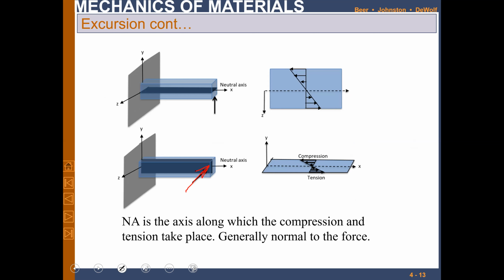How do we define the neutral axis? We define the neutral axis as the axis about which compression and tension take place, right? In this particular case, when we apply this force, compression will be into this one, so it will go into this shape, right?